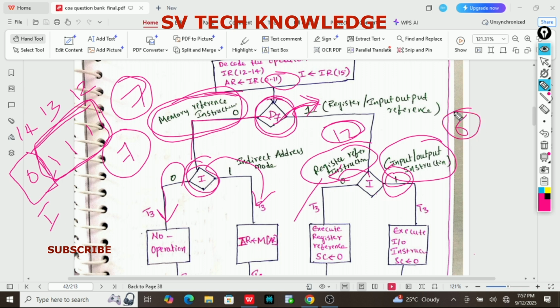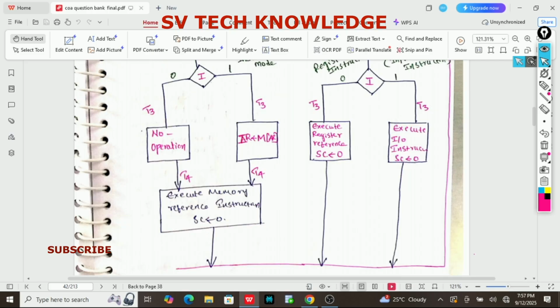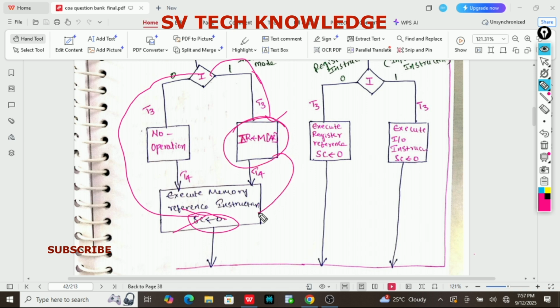After deciding these instructions, at T3 time, if it is a memory reference instruction with direct addressing mode, it goes to execute the memory reference instruction and the sequence counter will become 0. If it is memory reference with indirect addressing mode, it will go to the effective address, where you will find the operand, and then it executes the instruction.